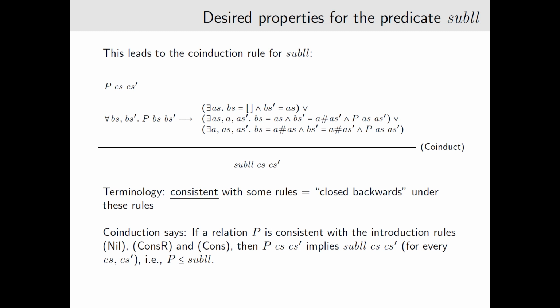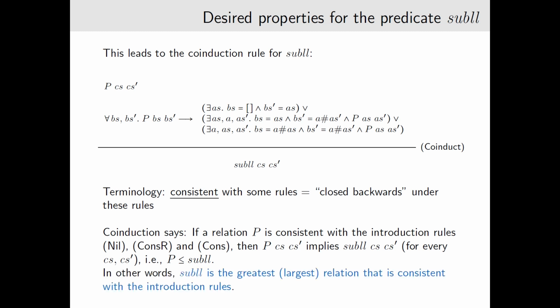Just to paraphrase coinduction again: if a relation is consistent with the introduction rules that are specified in the specification of the intended relation, then that relation is included in the sublist relationship. In other words, it implies the sublist relationship. This is standard terminology for coinduction and greatest fixed points.